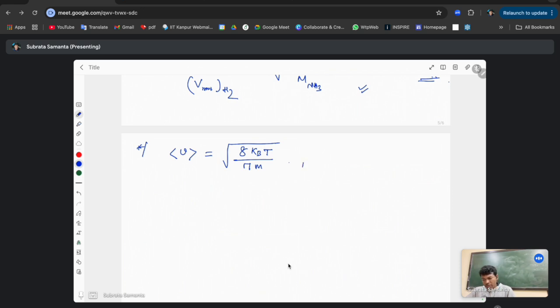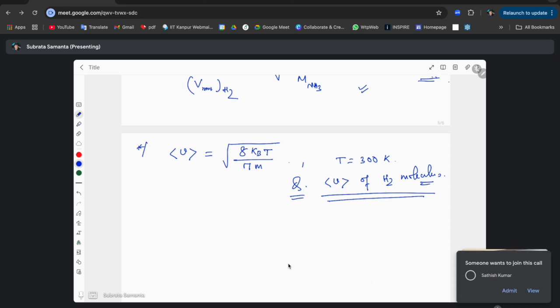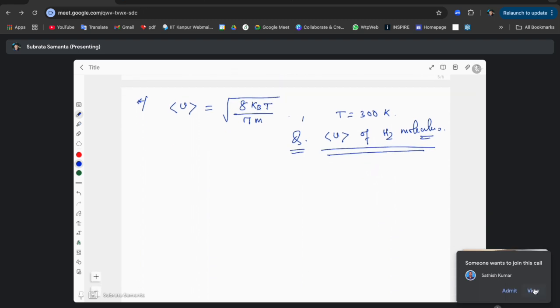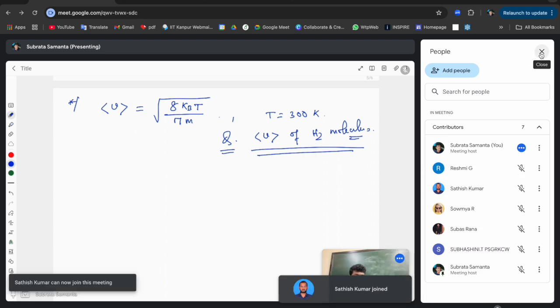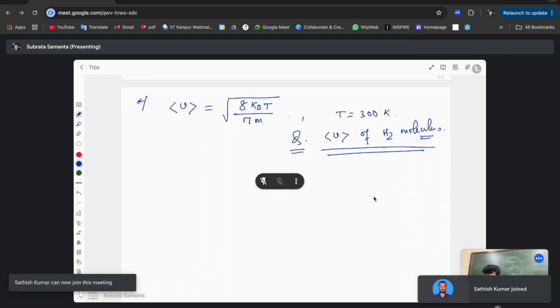So let's say for T equals 300 Kelvin, which is given, you want to calculate the average velocity of H2 molecules. So this is your question: calculate v average of H2 molecules at T equals 300 Kelvin. How to compute?